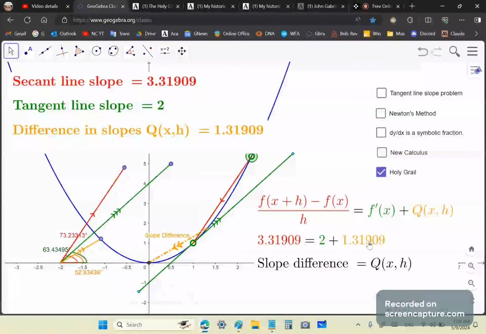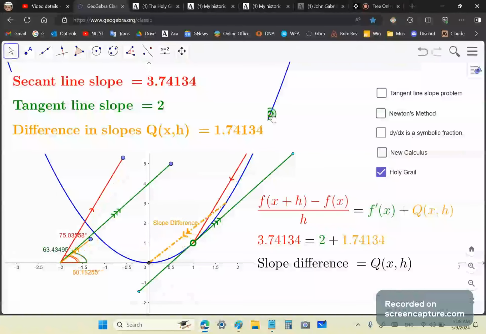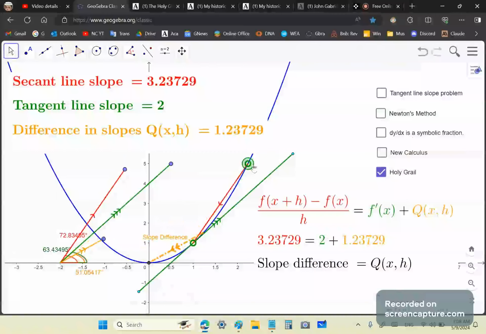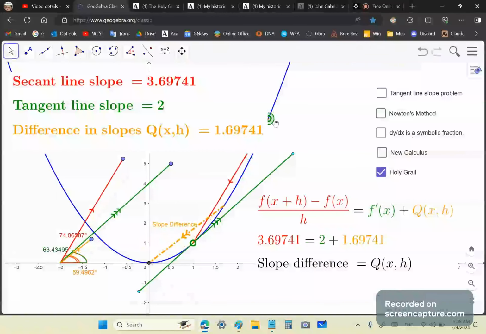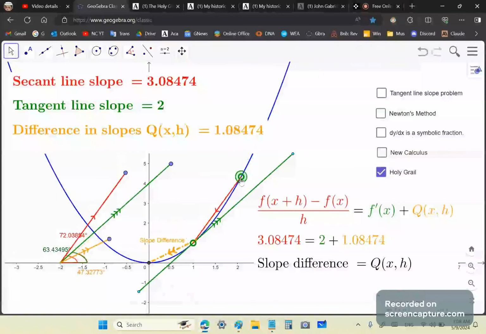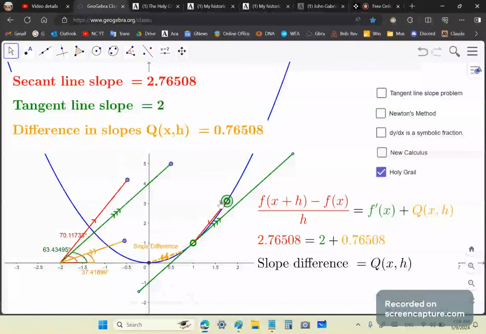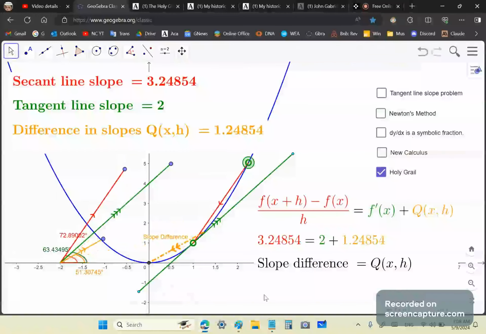Okay, and so no two non-parallel secant lines will have the same difference. So if you take this non-parallel secant line, it's 1.21. If you take this one, it's 1.072. They're all different. And they're not approaching anything or going anywhere, as your mainstream calculus tells you, okay? They're all fixed for every non-parallel secant line. They're fixed.